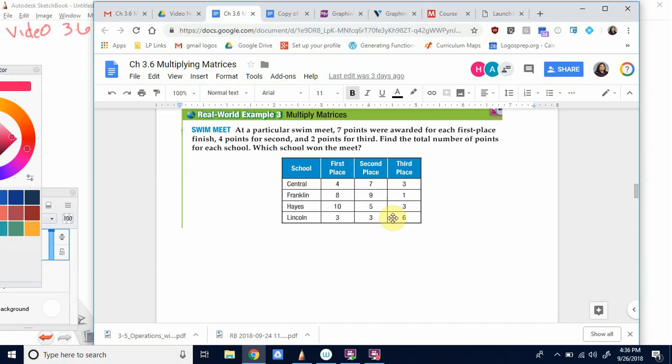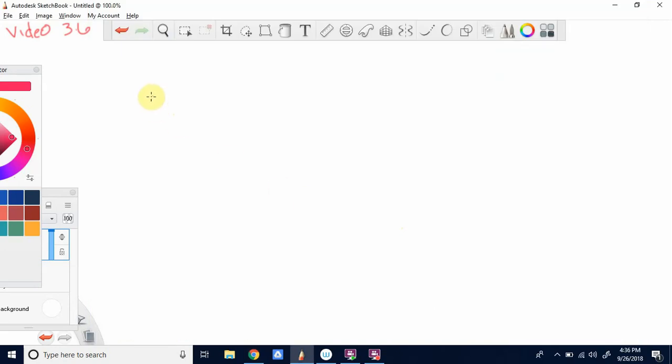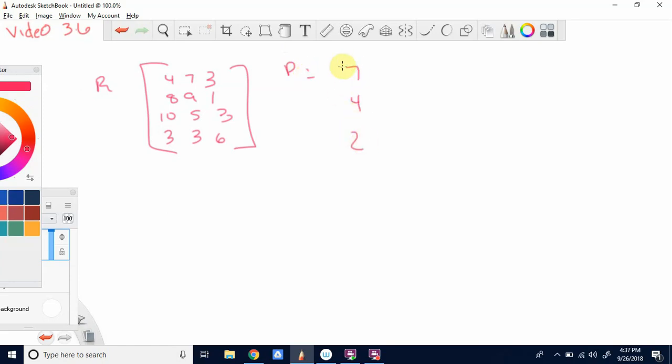So what we need to do is write this as a matrix times the results times the points. So the results are 4, 7, 3, 8, 9, 1, 10, 5, 3, 3, 3, 6. And the points is going to be 7, 4, 2.